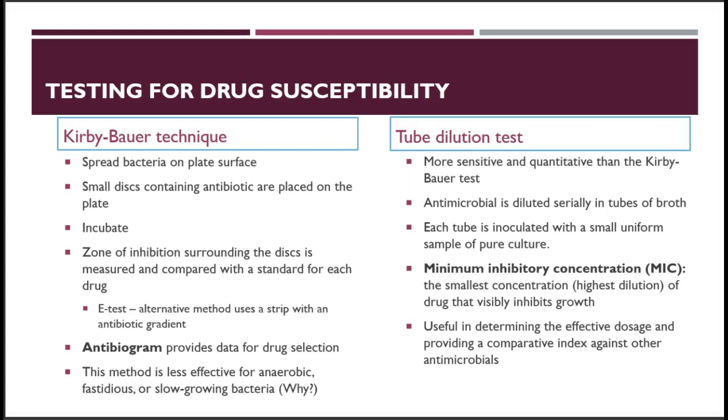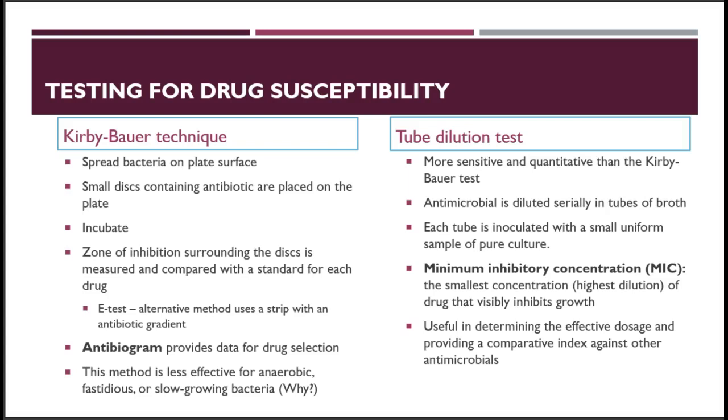And after about 24 hours to 48 hours, depending on the organism, of incubation, we're going to look at the zone of inhibition. And this is a ring of no growth around each antibiotic disc.